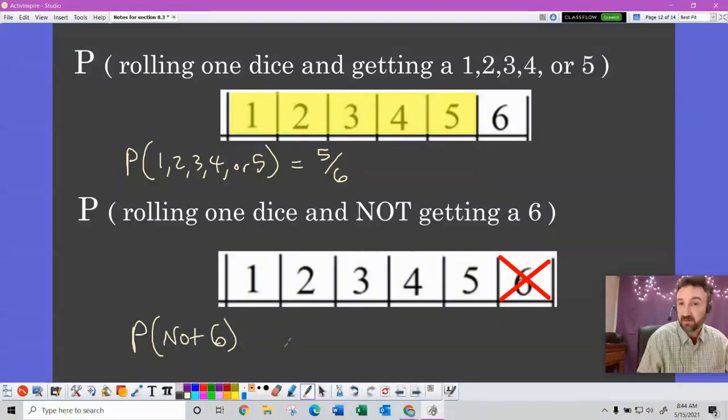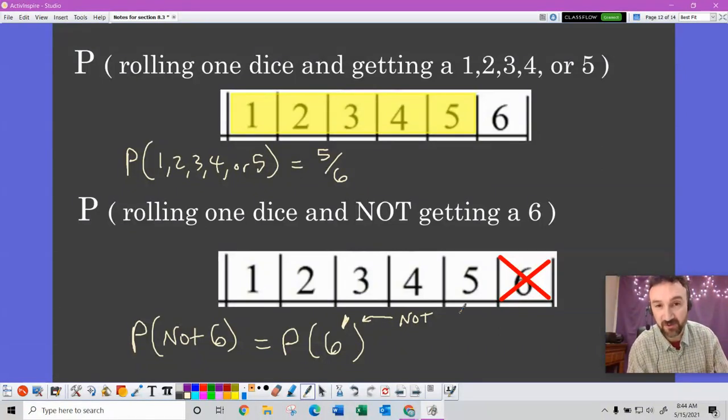And then sometimes what we do is we say, what's the probability of 6? And then we put an apostrophe there. So this means not. It's just mathematical shorthand notation. But in this case, we would cross off the 6 and then count the rest of them, and we'd have a probability of 5 out of 6.